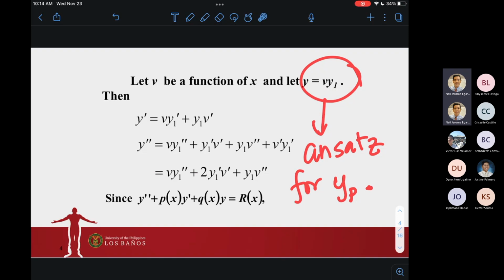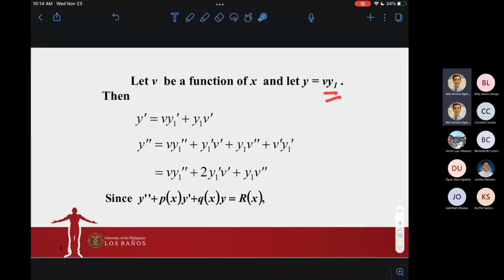If you notice, this is only a particular solution for the non-homogeneous GLDE, which makes sense because y sub 1 is also a particular solution of the homogeneous version. So what I thought is, maybe there is a particular solution of the form function of x times a particular solution of the homogeneous equation.